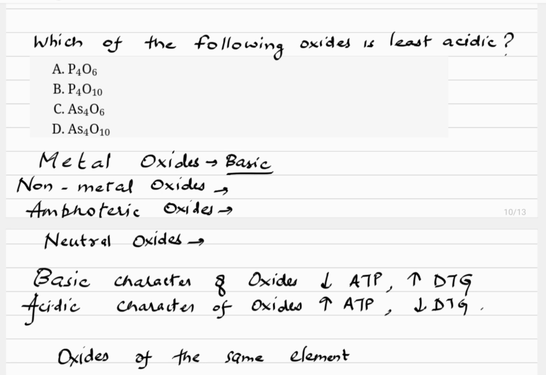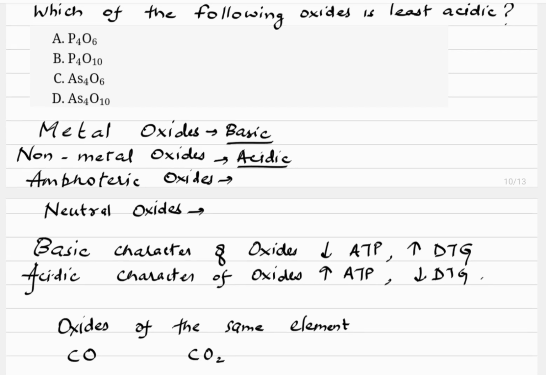So along a period, metallic character decreases, so basicity of the oxide would also decrease. Non-metallic oxides are acidic in nature. Again, as the non-metallic character changes along the period or down the group, similarly the acidic character of their oxides would also change.